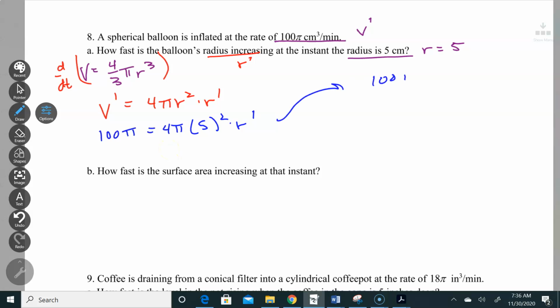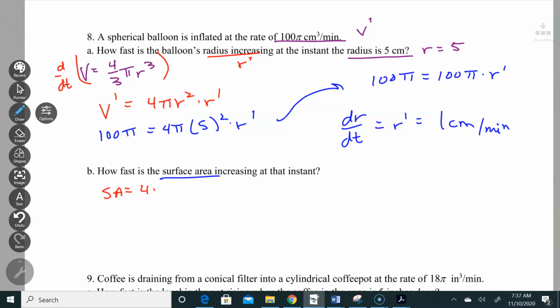So I get 100 pi is equal to 100 pi times R prime. So my rate of change of my radius, R prime, is going to be 1 centimeter per minute.